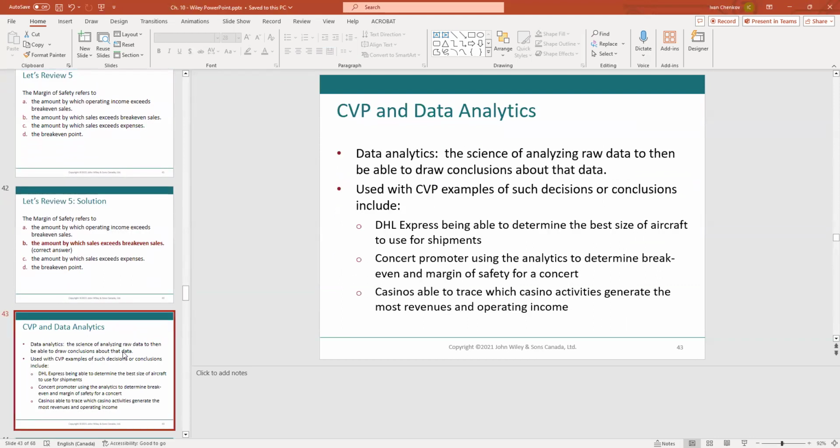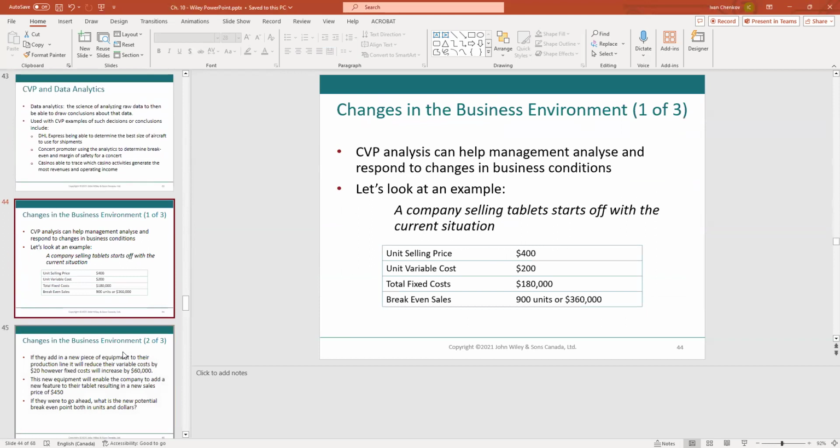Okay, data analytics. In data analytics, we have to analyze the raw data, and then we're going to use cost-volume-profit analysis. So how will a change in business affect our break-even? Cost-volume-profit analysis can help management analyze and respond to changes in business conditions.